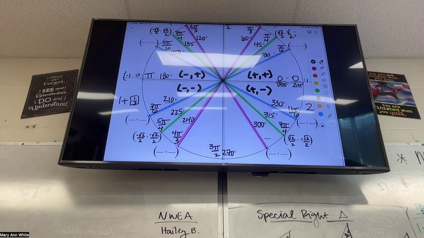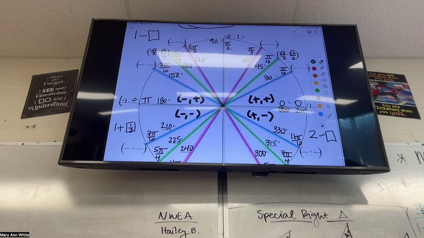And so we had 1 pi over 3, 2 pi over 3, 4 pi over 3. What's the last one going to be? Not 6, because 6 divided by 3 would just be 2. 5 pi over 3, because 2 minus 1/3 would be 5/3.